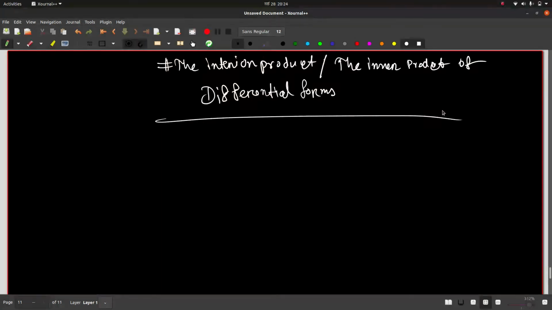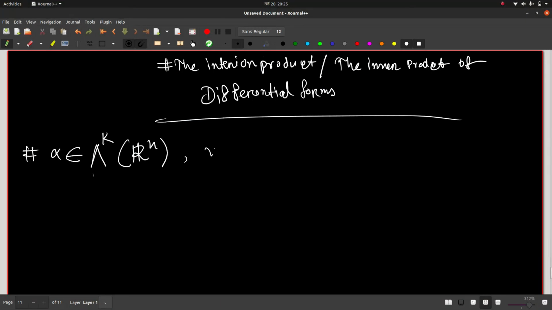So let's say we have a k form alpha. Sometimes we can even denote a k form like this: alpha belongs to capital lambda k. That would mean this is a k form on some manifold R to the power n. This is another way to express it. So this alpha is a k form, and given a vector v, the interior product is denoted with this i_v according to the textbook that we are following.